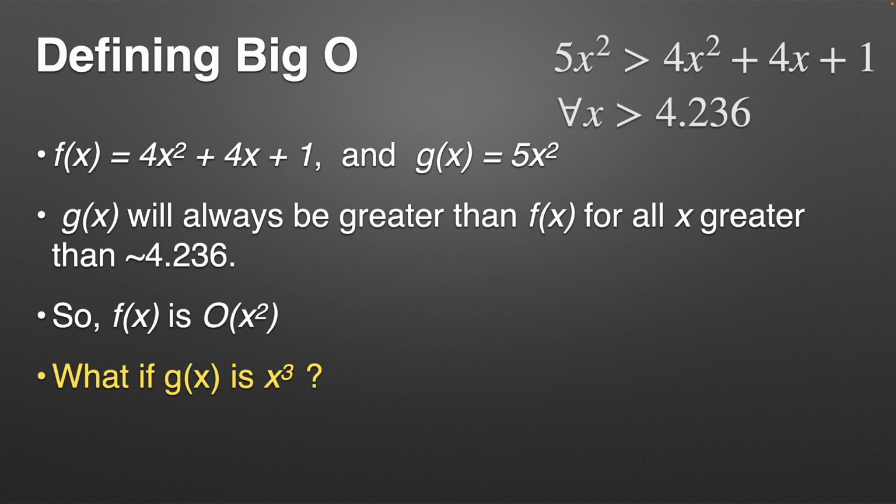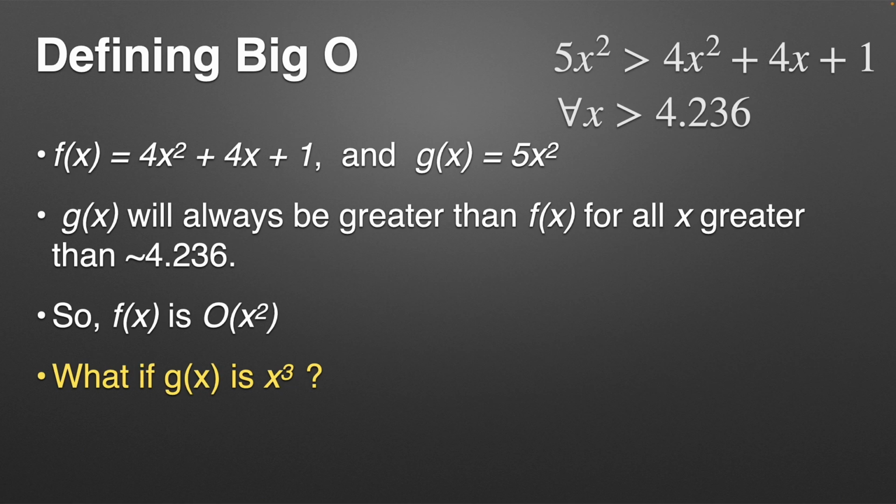So if we say, in that first example we worked, where we had 4x squared plus 4x plus 1, and we said it's big O of x squared, right? X squared is the dominant term. Is it big O of x cubed? So we know it's big O of x squared, right?